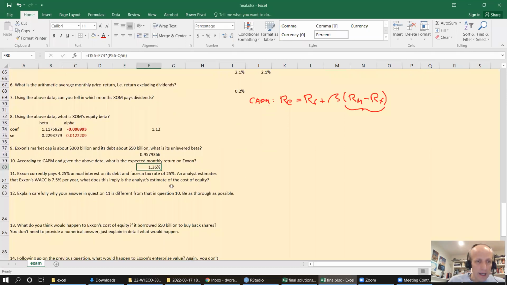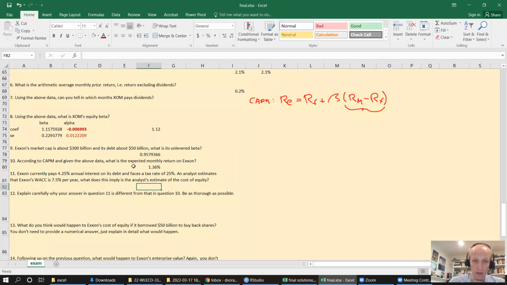So next question: Exxon pays 4.25% on debt, has a 25% tax rate, and an analyst estimates its weighted average cost of capital at 7.5%. What does this imply is the analyst's estimate of the cost of equity?